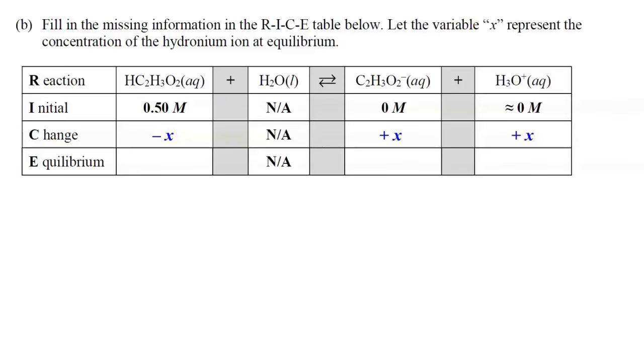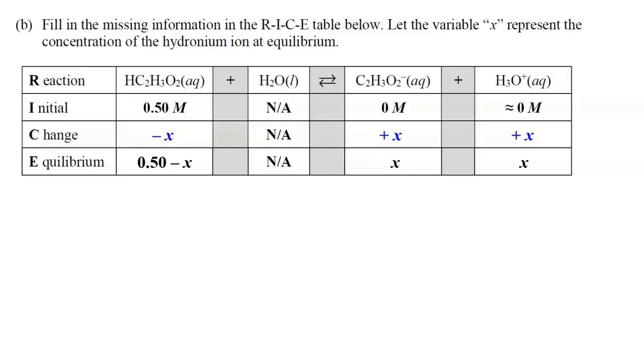So as you look at the instructions for part B, it says let the variable x represent the concentration of the hydronium ion at equilibrium. In our final row of the rice table, the concentration of acetic acid at equilibrium would be 0.50 minus x. The concentration of the acetate ion at equilibrium will be x. And the concentration of the hydronium ion at equilibrium will also be x.